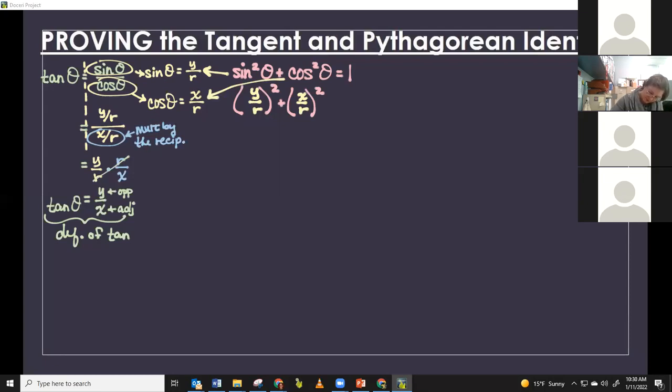In my unit circle, what is R, my radius, equal to? Anybody remember? Think about the ordered pairs around the unit circle.